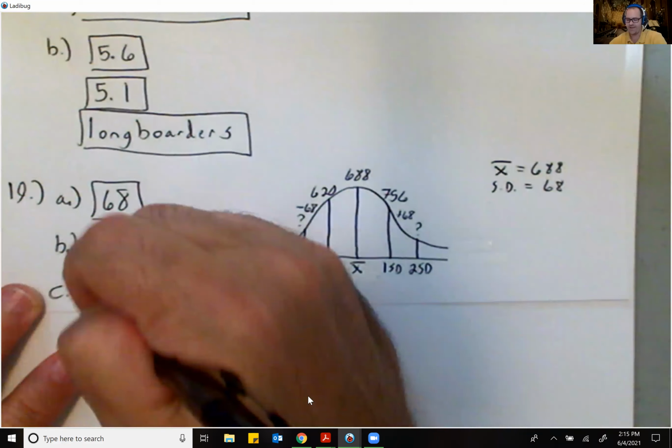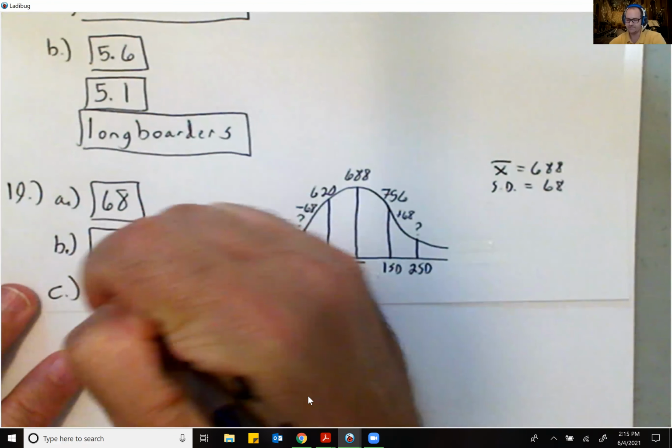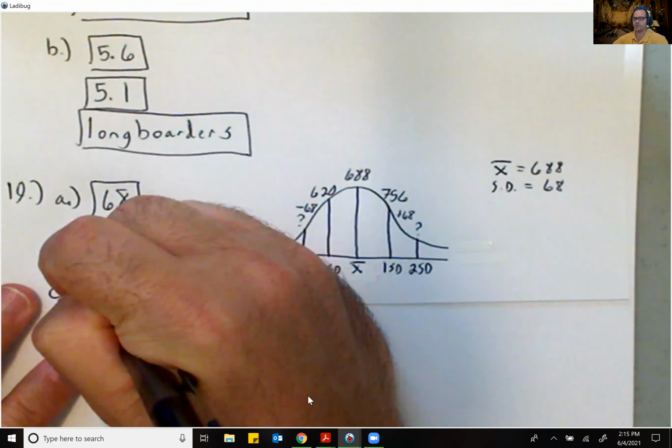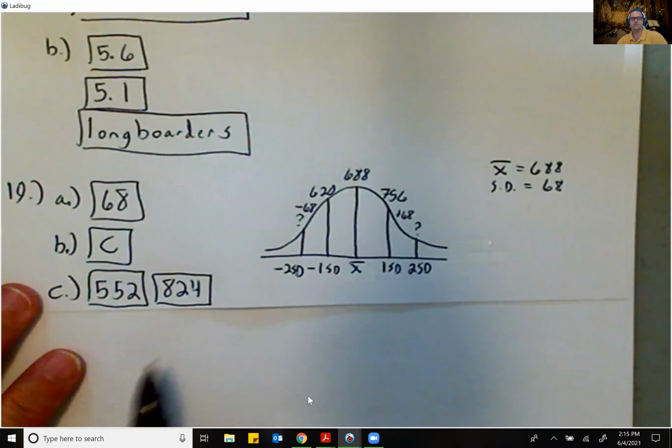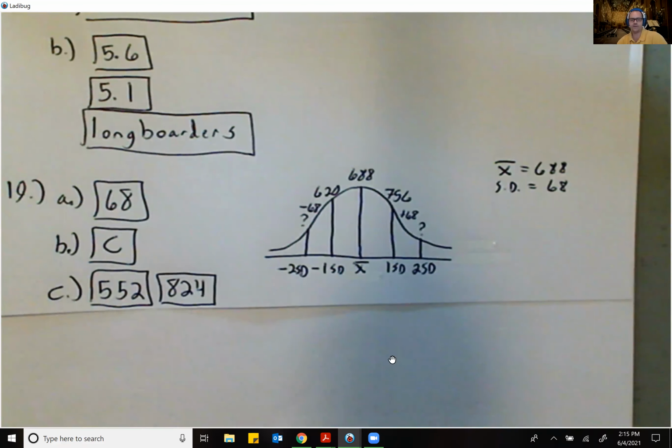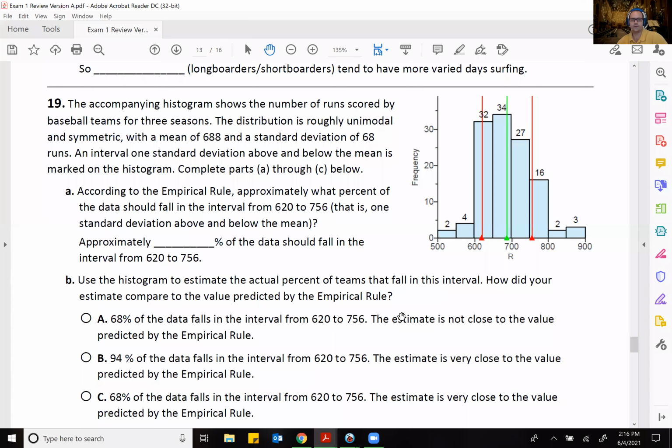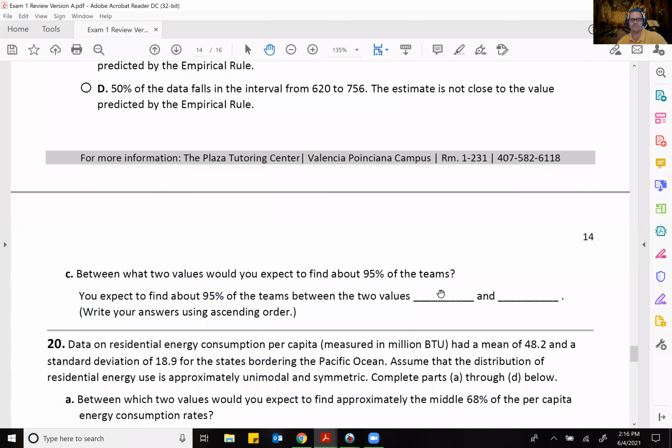Careful on that simple math of subtracting. Yeah, that's right. There's our two values. So in that first blank, our smallest value is 552, and in the second blank, our largest value is 824. That's where we would expect 95% of our data, because 95% of our data is within 2 standard deviations. That's what they're asking about.